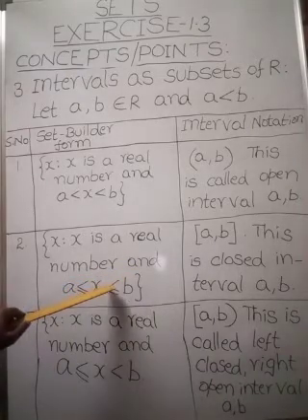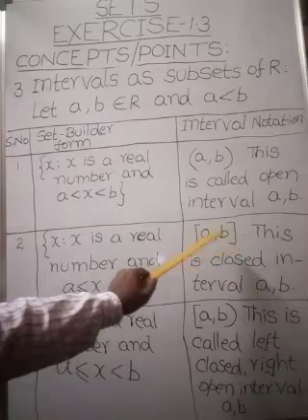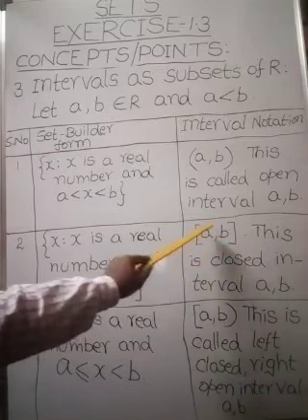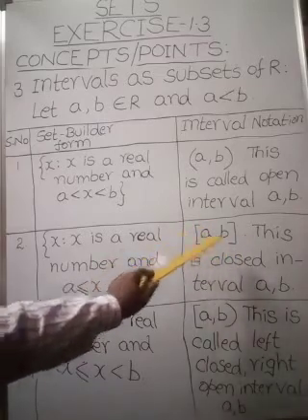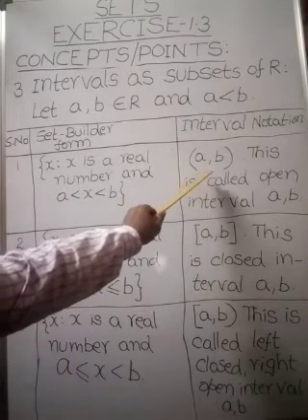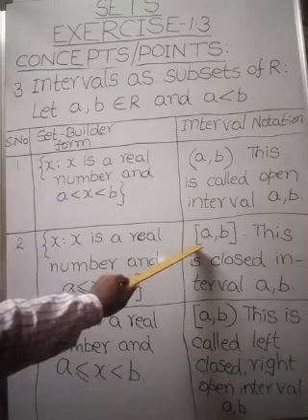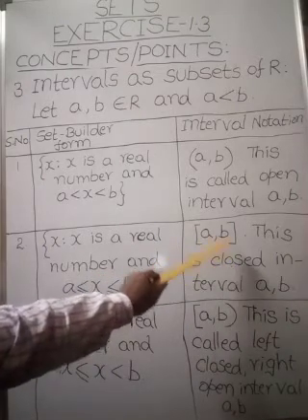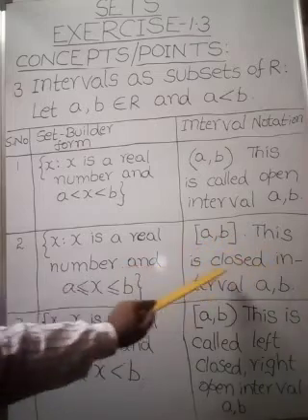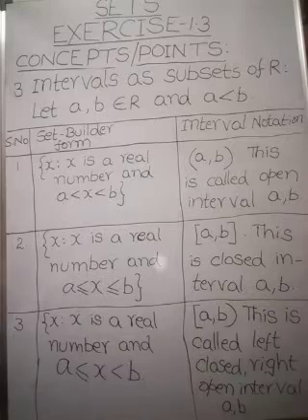We denote this interval like this: closed interval [a, b]. On both sides we use square brackets, whereas small brackets denote open interval and square brackets denote closed interval. This interval is read as closed interval a comma b. Understood this point, my dear children?